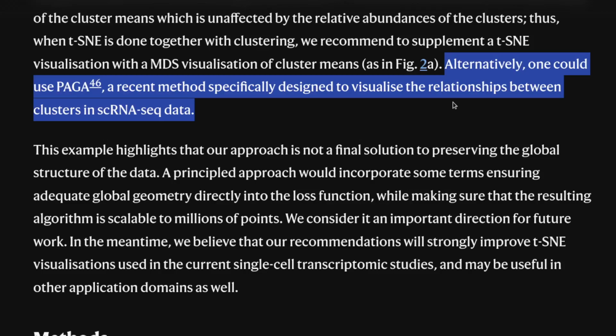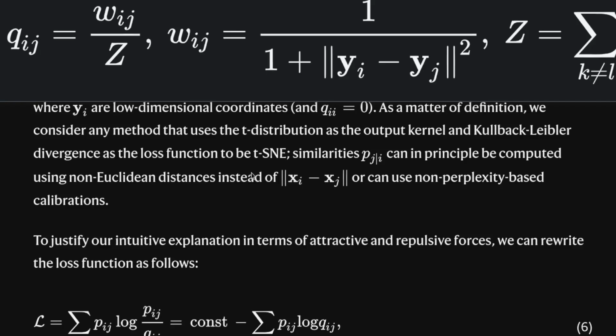The main idea of t-SNE was to use a t-distribution with 1 degree of freedom, also known as Cauchy distribution, as the low-dimensional similarity kernel. Here y_i are low-dimensional coordinates, and as a matter of definition, we consider any method that uses the t-distribution as the output kernel and Kullback-Leibler divergence as the loss function to be t-SNE. Similarities can in principle be computed using non-Euclidean distances, or can use non-perplexity-based calibrations.